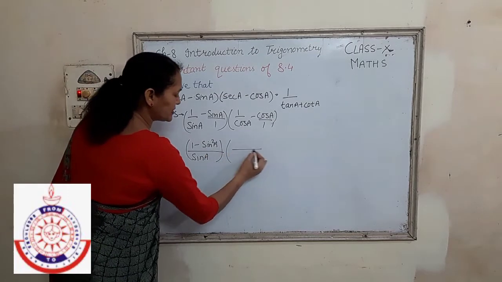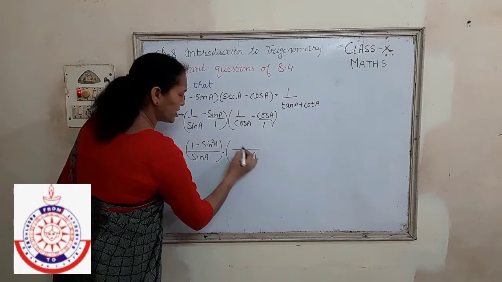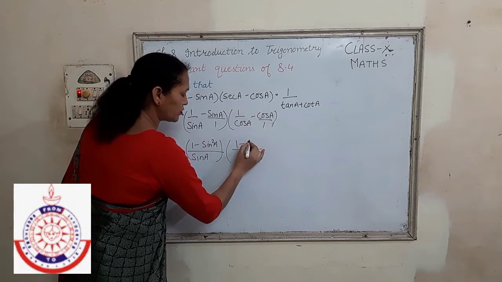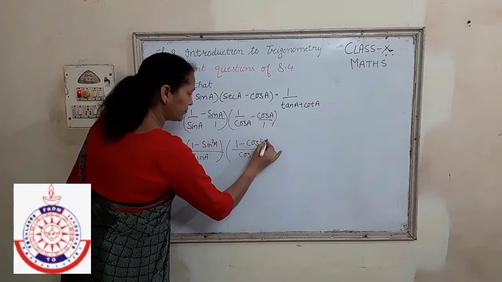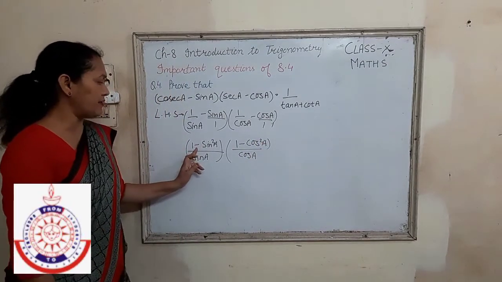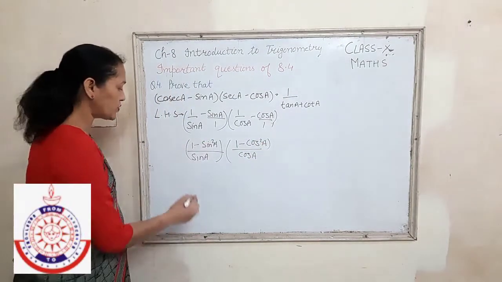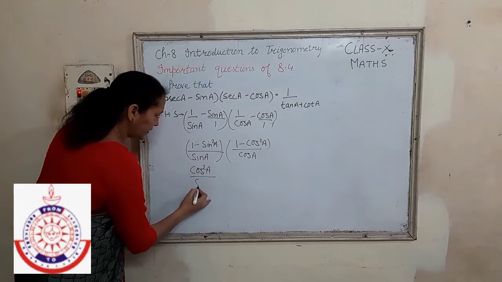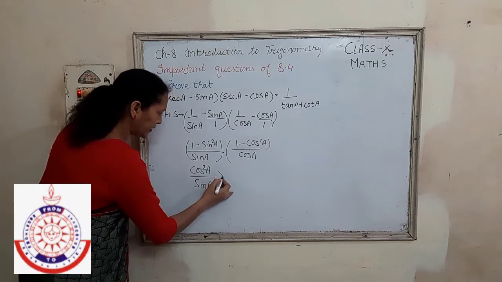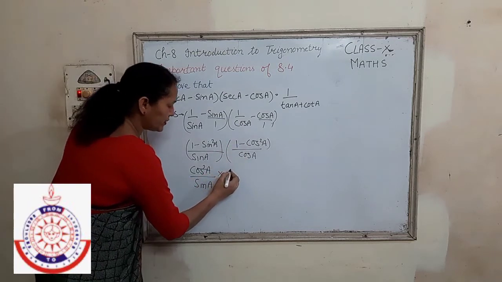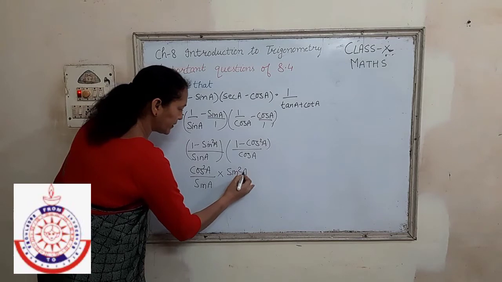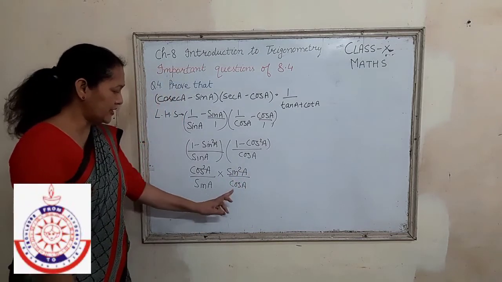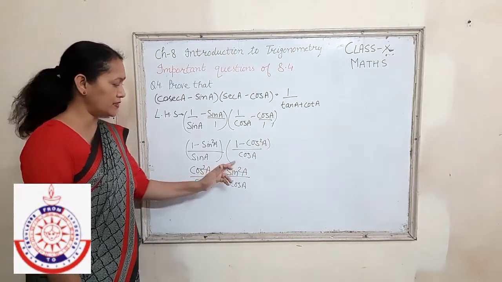And same way, if we take LCM, cos A, we will get 1 minus cos into cos, which will be cos square A. Now using first identity, 1 minus sin square A is equal to cos square A. And this is sin A. 1 minus cos square will be sin square A upon cos A. Now cancelling, cos will get cancelled with cos and sin with sin.